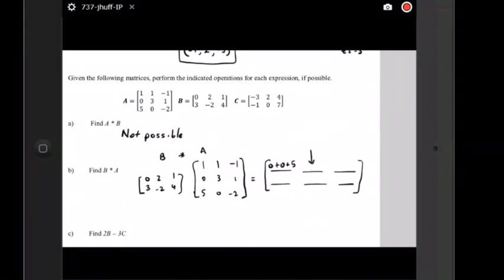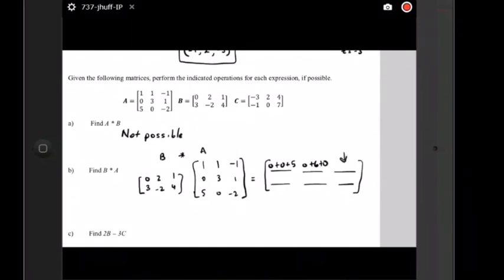This entry right here is row 1, column 2, so I need row 1, column 2 right here. So that's 0 times 1, which is 0, 2 times 3, which is 6, and then 1 times 0, which is 0.